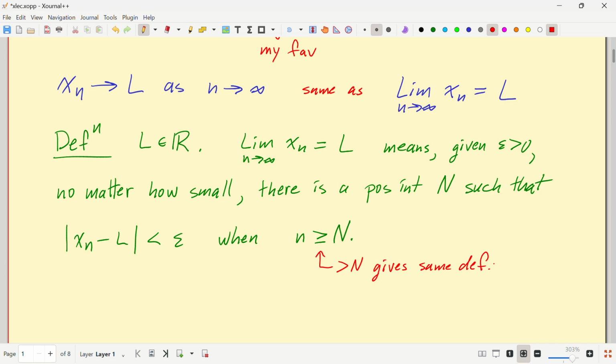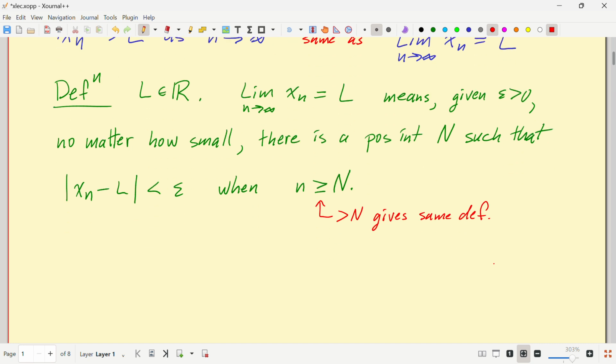And some books say greater than instead of greater than or equal to N. Doesn't matter. Let's see. So the way you ought to think about this definition is that epsilon stands for an error or a tolerance.